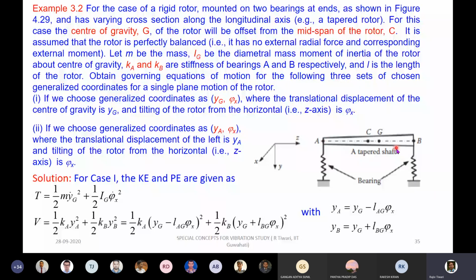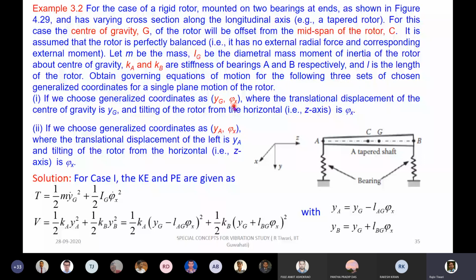If we choose the displacement of the center of gravity, let us say YG is the center of gravity location, and phi-G is the tilt of this shaft, that will define the position of the shaft. We are assuming that the shaft has no motion in the horizontal direction. Only motion in the vertical direction is taking place, so y direction displacement and the tilt. This is one set of generalized coordinates which will define the position of the shaft.